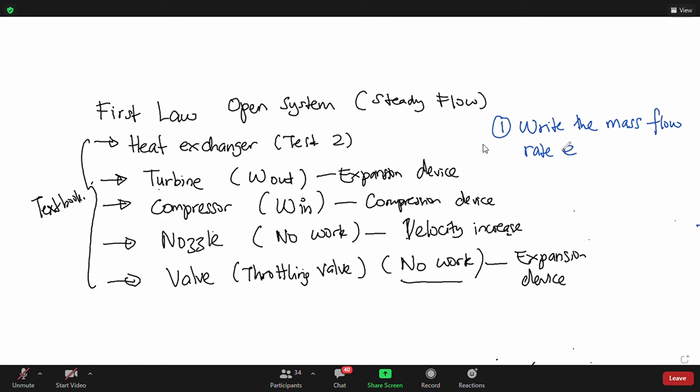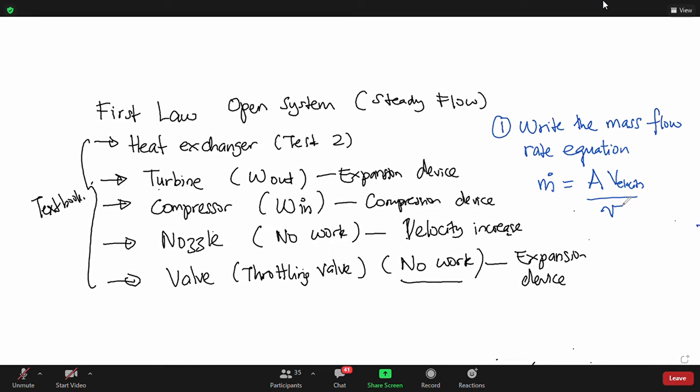Mass flow rate equation, which is m dot equals area times velocity divided by specific volume. Okay, that's all you need to do.